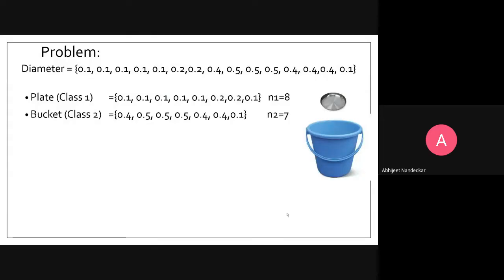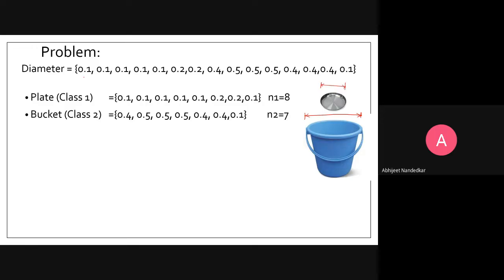Now we move on to the next problem. You note down this problem. What we have done is measure the diameters of two objects, so only one parameter is being measured for each object. I am measuring the diameter of this plate and the diameter of this bucket, and I have collected these samples.